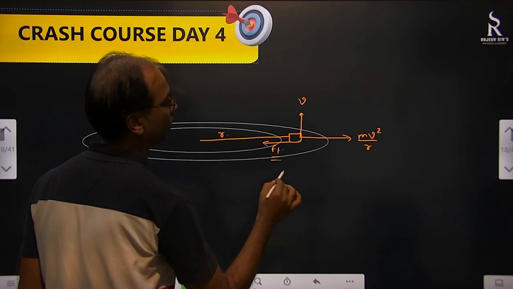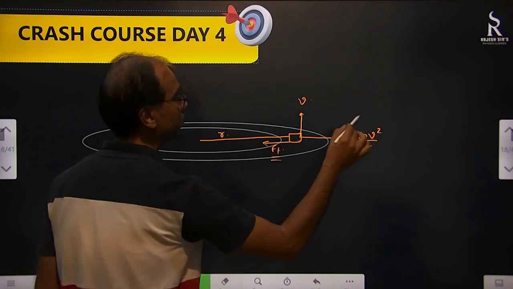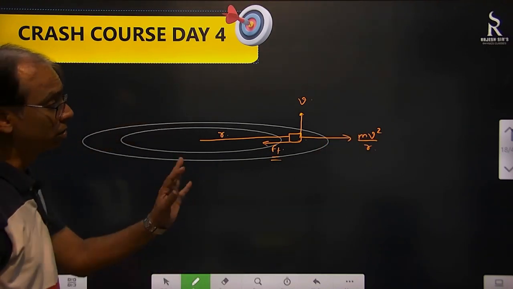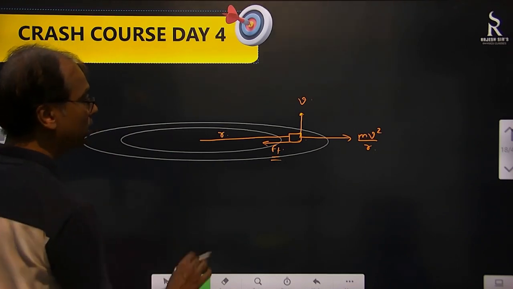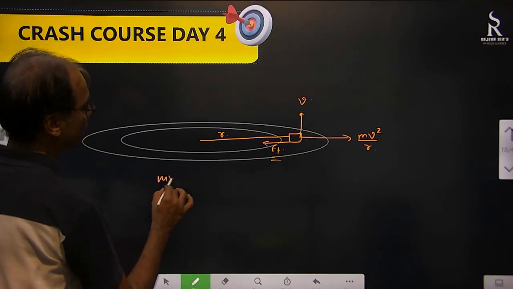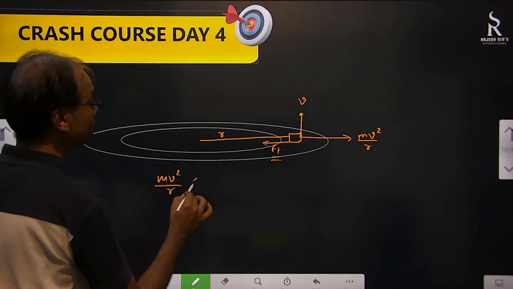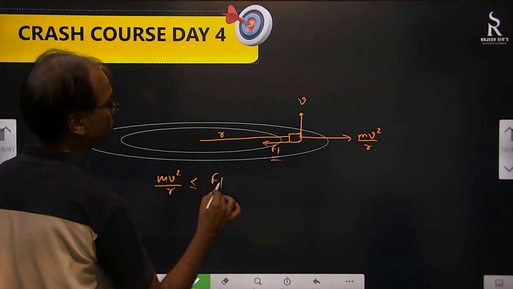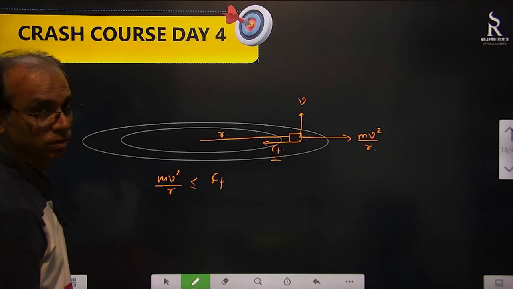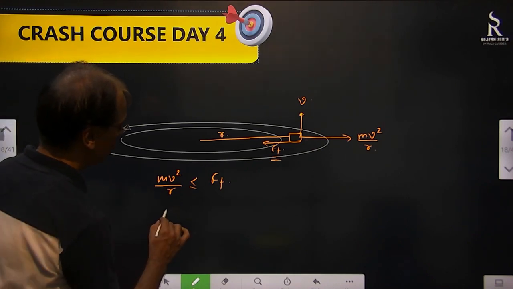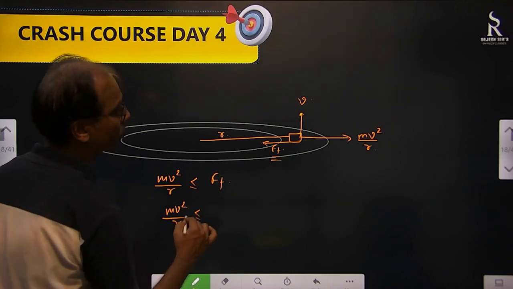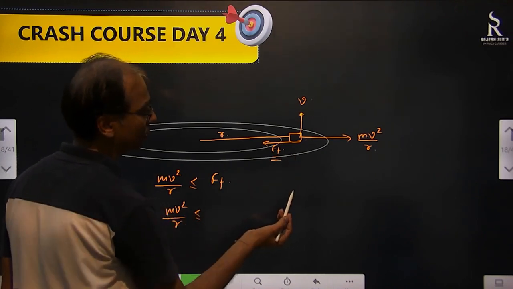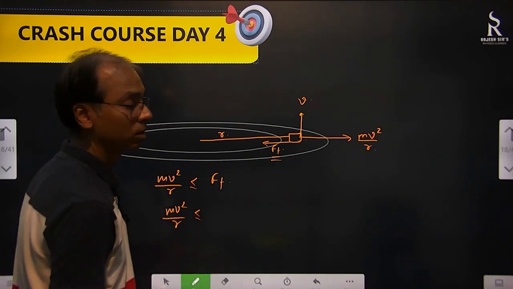So a question will be asked: what is the maximum speed at which you can take the turn on a horizontal road? No banking, horizontal road. So what do you say? Your mv square by r, that centrifugal force, should be less than or equal to friction. Then only you are safe. Otherwise you are not safe. In this case no banking is there, no components are there.